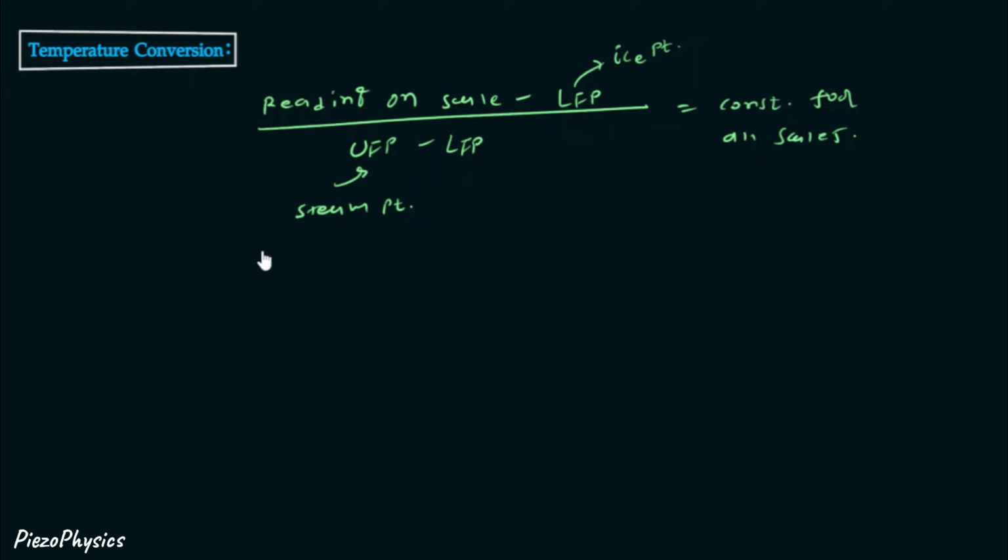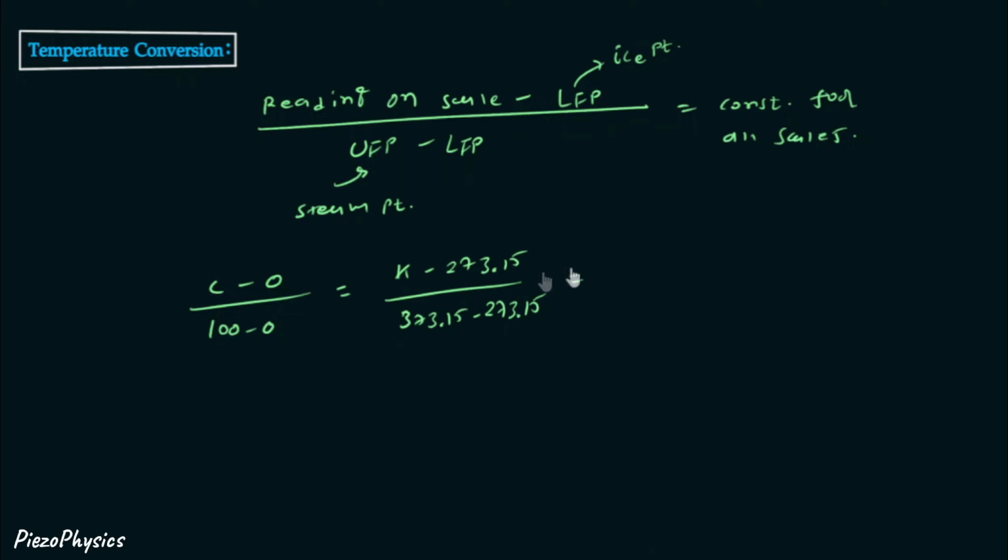Therefore we can have one general formula. On the Celsius scale we can take the reading C minus the lower fixed point 0, divided by 100 minus 0, equals Kelvin minus 273.15 divided by 373.15 minus 273.15. On the Fahrenheit scale, we can take the reading F minus the lower fixed point 32, divided by the upper fixed point 212 minus the lower fixed point 32.